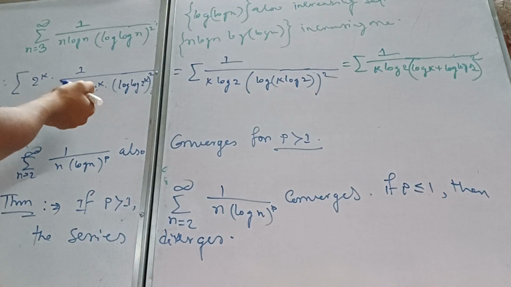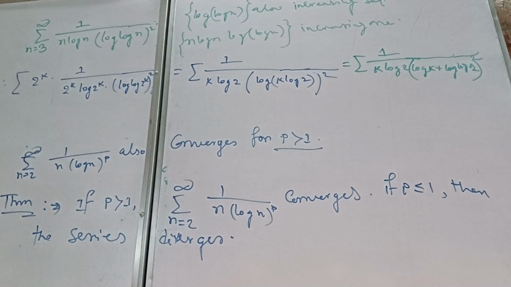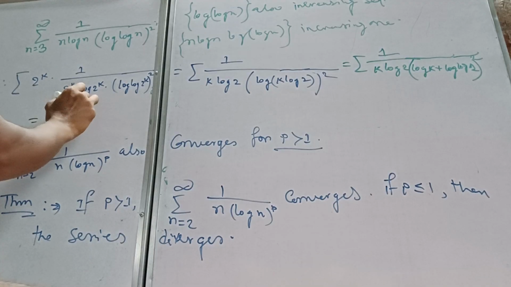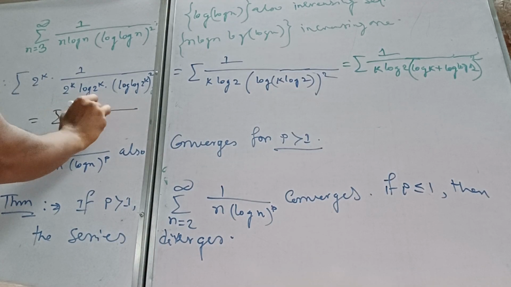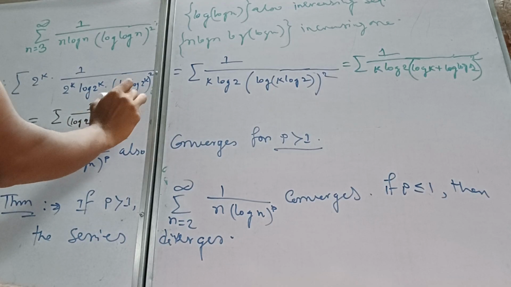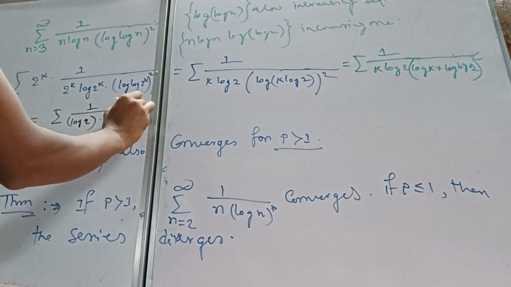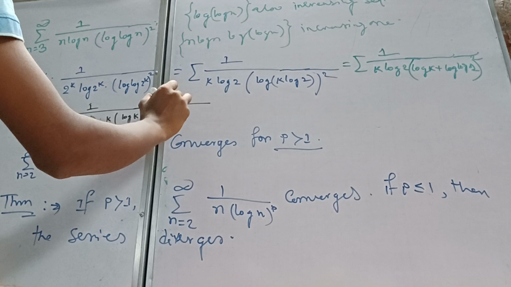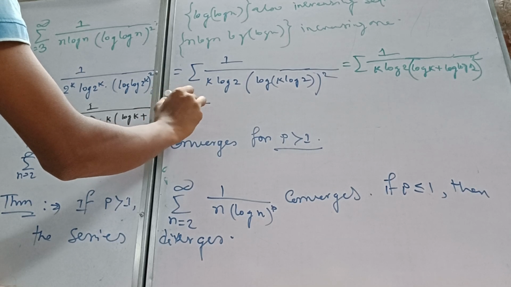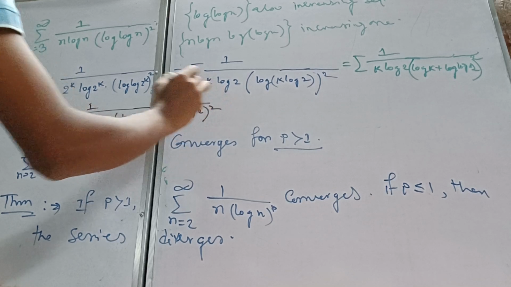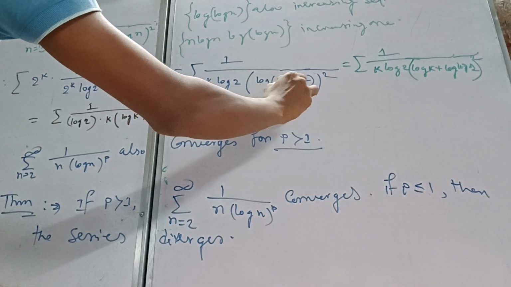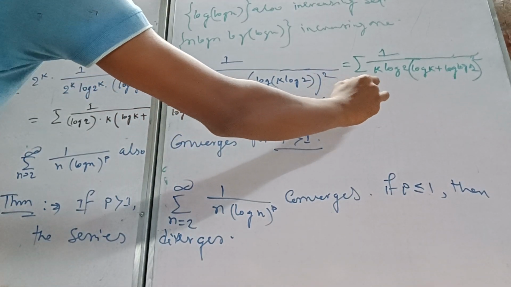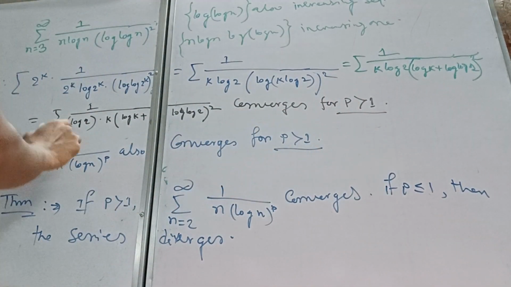So here we also write in this way: summation 1 by (log 2) k (log k plus something with log of log 2) squared. This converges for p greater than 1. We are using this theorem.